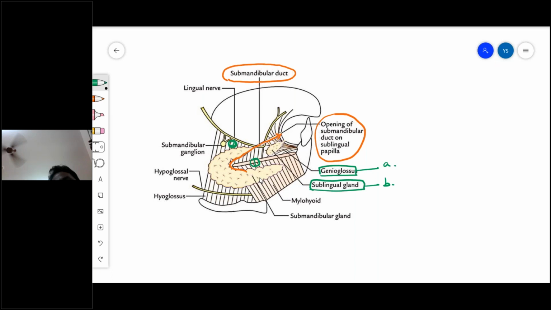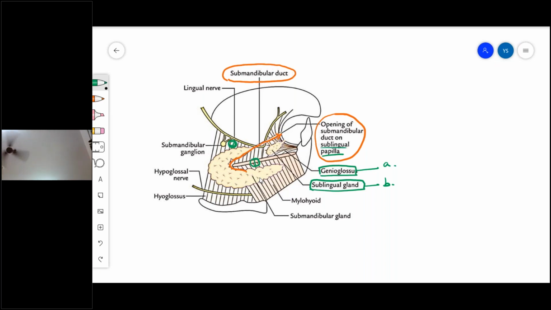After the two muscles, it passes between the genioglossus muscle and the sublingual gland. And finally it opens at the floor of the mouth on the sublingual papilla.